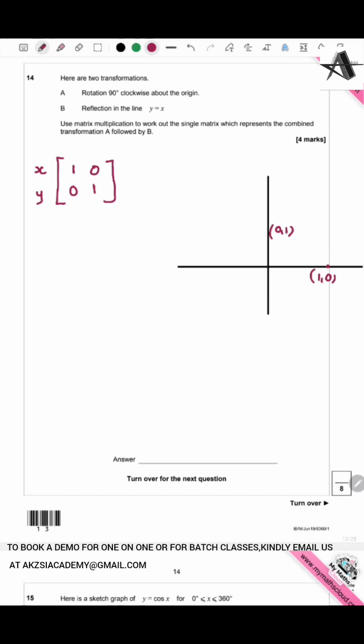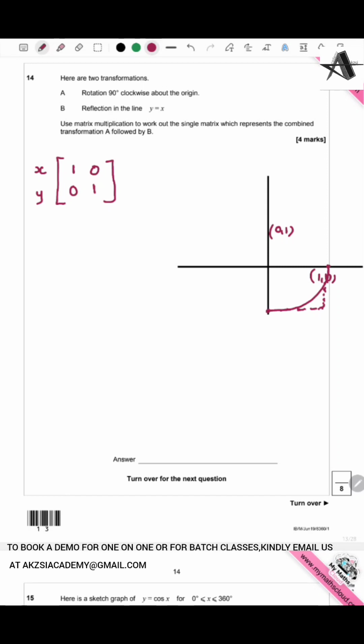Now I have to rotate 90 degrees about the origin. That means one by one, I need to see how each point will behave. Let me start with the point 1 comma 0. When I transform it 90 degrees clockwise, it will move one quadrant like this.